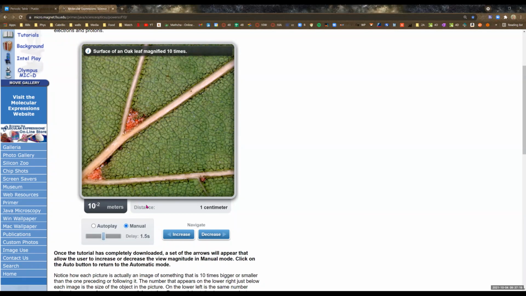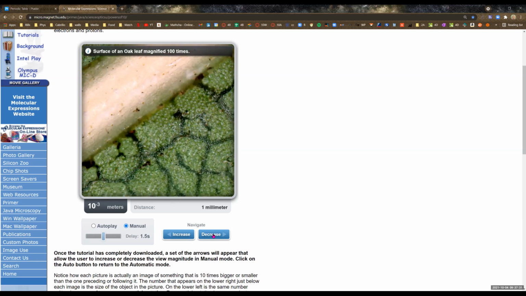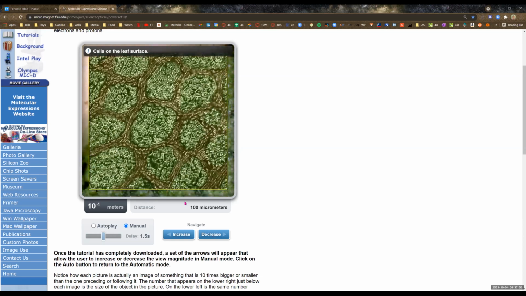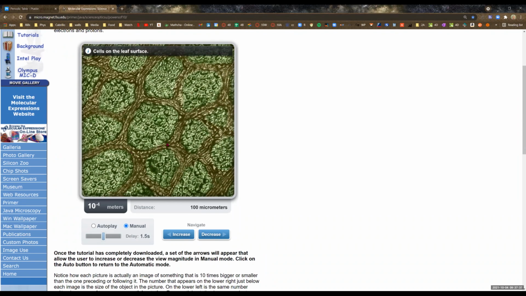And what you're seeing in these dark lines here is actually mountain ranges and valleys at the microscopic level. If I continue to move, you could see that as you get smaller and smaller, you get more and more detail.